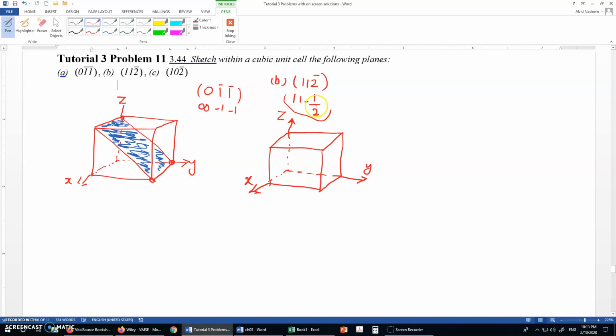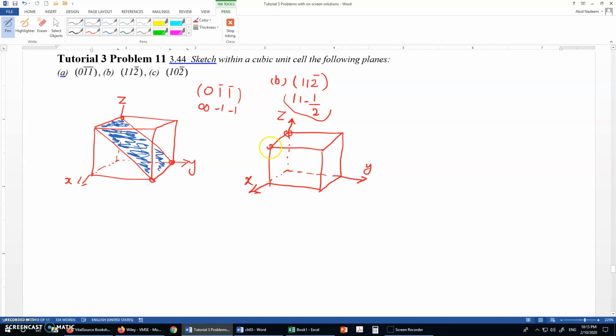Because at the z-axis the coordinate is negative, we need to change the origin from here up to here by 1 point. Then we need to take these points relative to this new origin. So point 1 will be here, so this will be one intersection point.